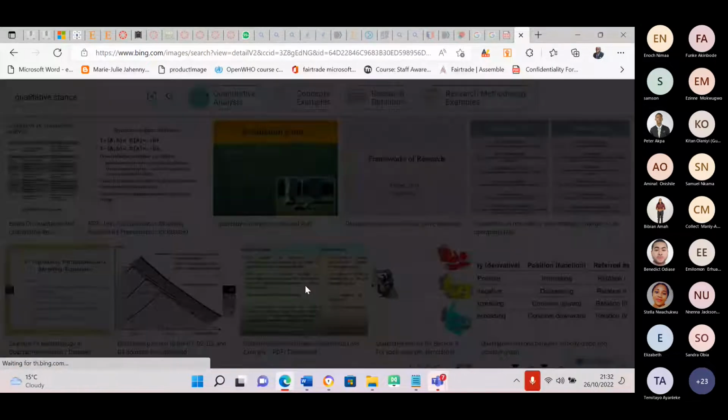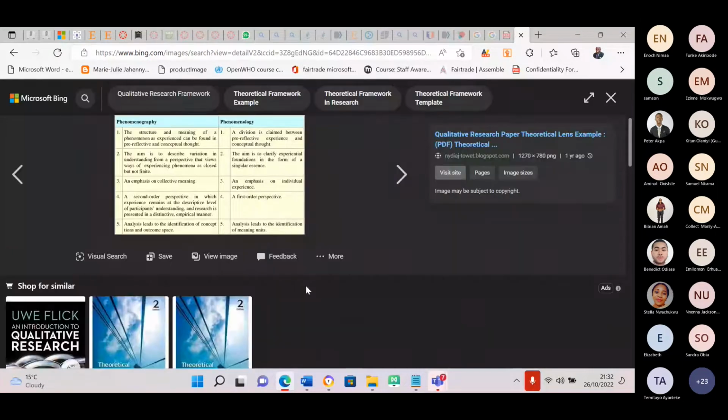What I did was on phenomenology, which is a particular aspect. So when you come to qualitative research design, there are different lenses, there are different stances that you can take, and you need to match them based on your topic. But you're not doing all that. What you're doing is basically reviewing existing literature. You're not doing a quantitative study. You are not saying p-value is less than this one.